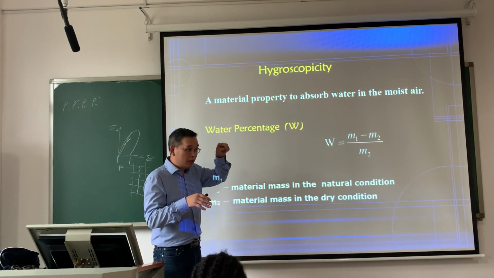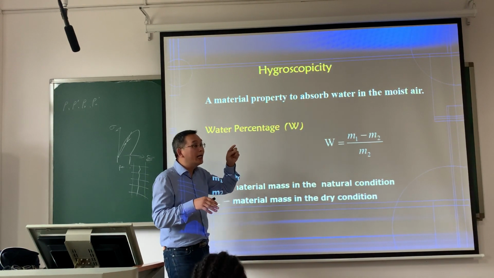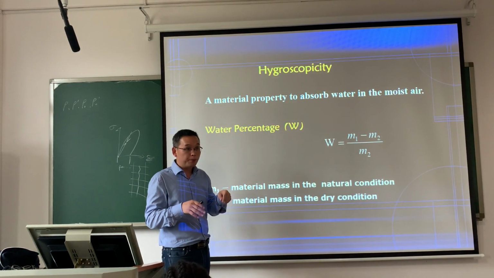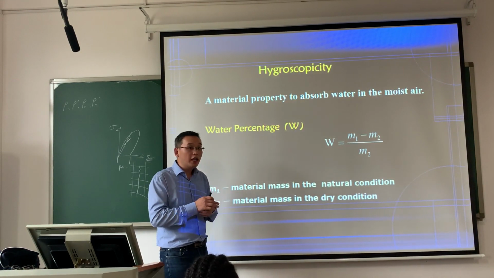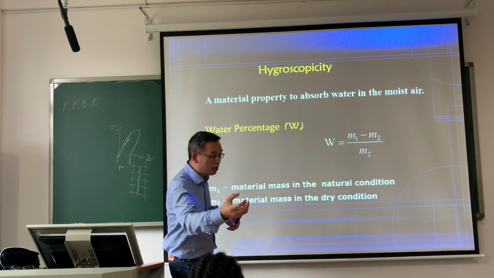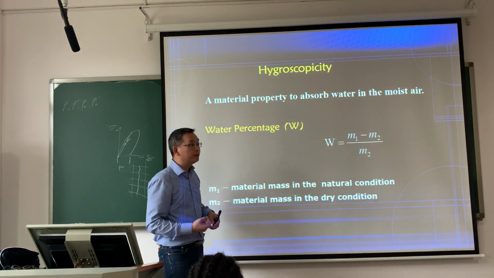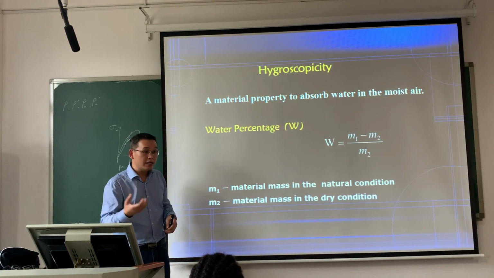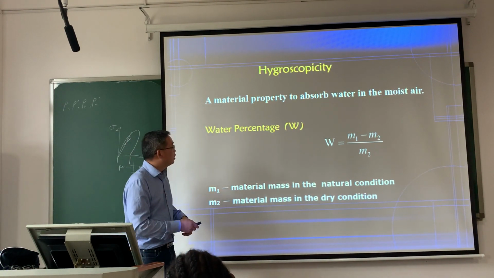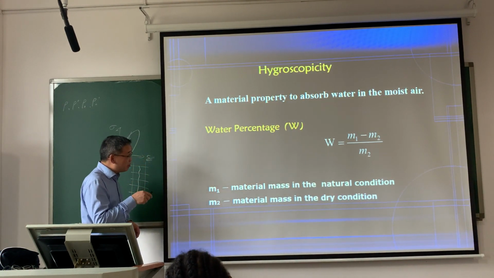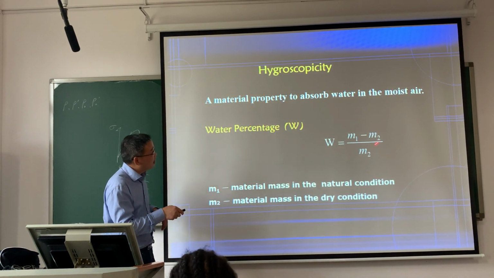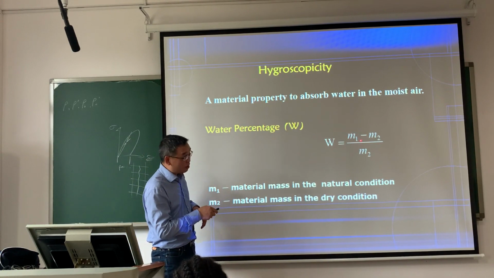For the first one, we put the material into the water. And for this one, we put the material into the air, inside or outside. So, we can use this index to calculate this kind of problem.